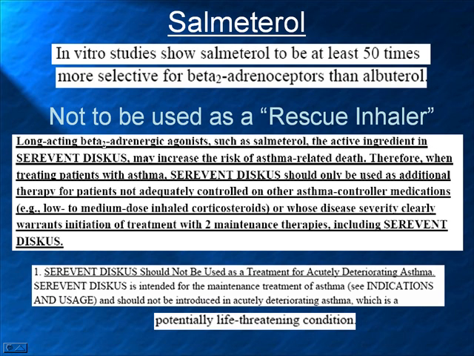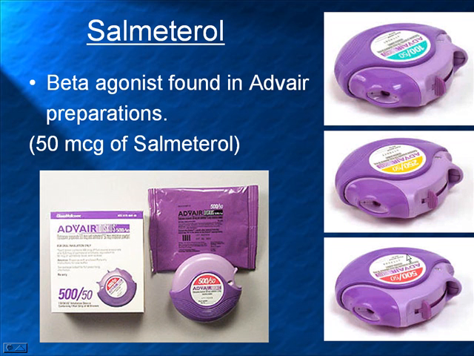Now, Salmeterol is also the beta agonist found in the very popular product known as Advair. It is the purple packaged product that you'll commonly see and you'll commonly deliver in the clinical setting. And Advair is actually a combination of two drugs, fluticasone, which is a corticosteroid, and Salmeterol.